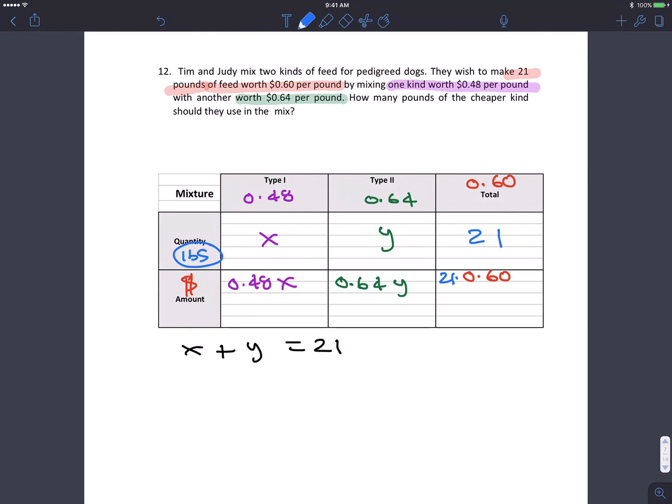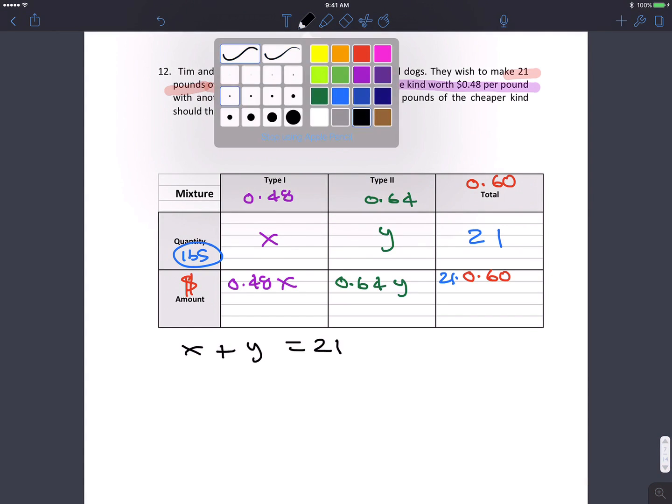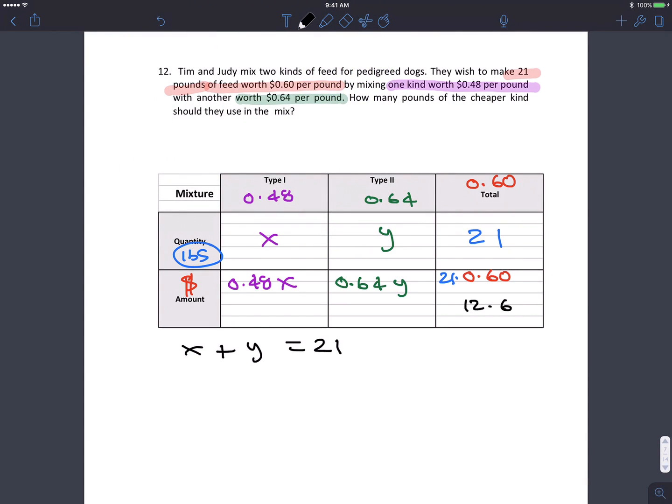So this number here is $12.60. This is the money equation. So I have here the 0.48x plus the 0.64y better be $12.60. The key to this problem is over here.